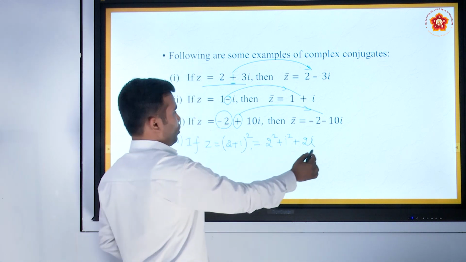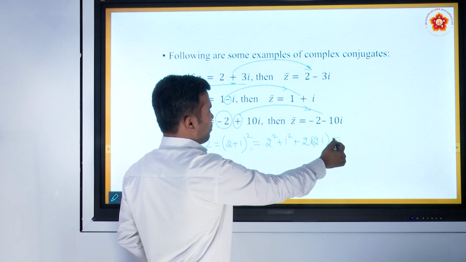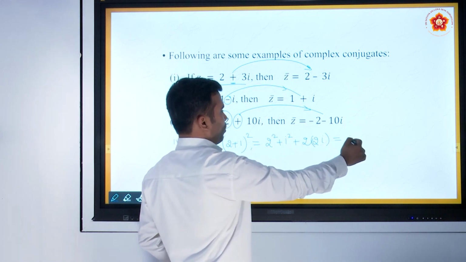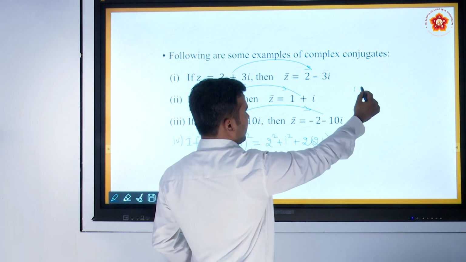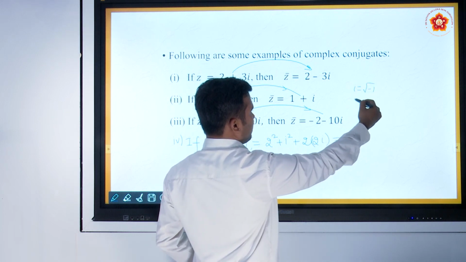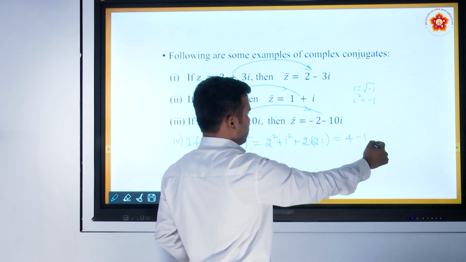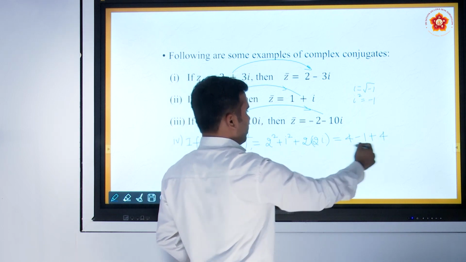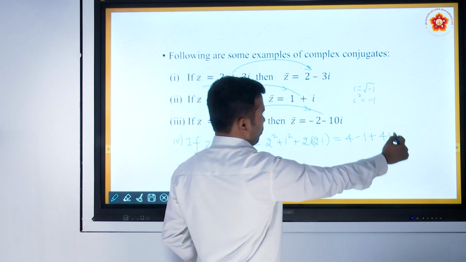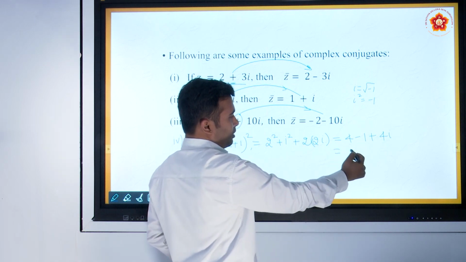What is a here? 2, and b is i. So this is equal to 2 square is 4, plus i square. As you know i is equal to square root of minus 1, then i square is equal to minus 1. So i square is minus 1, plus 2 into 2 into i, which is 4i. This is equal to 4 minus 1 plus 4i.